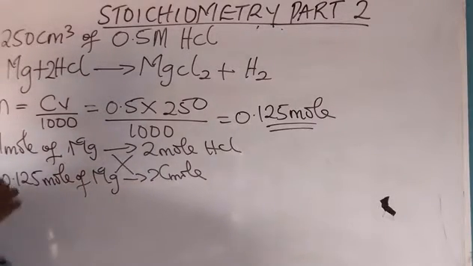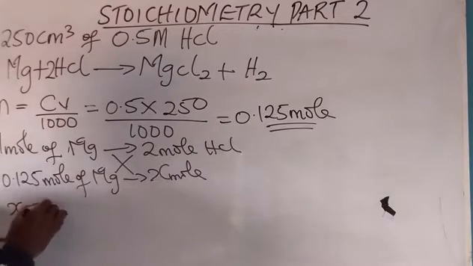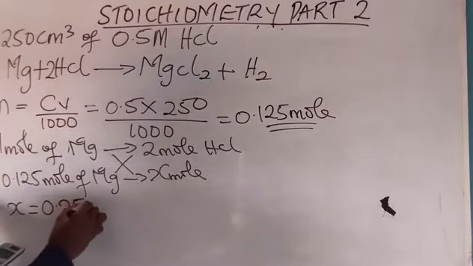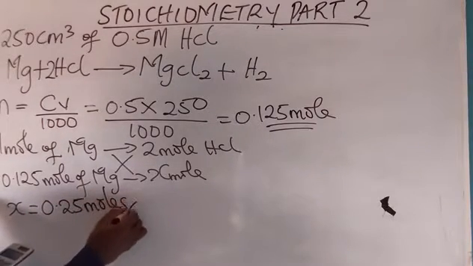So this times this, I have X equals 0.125 times 2. I have 0.25 moles.